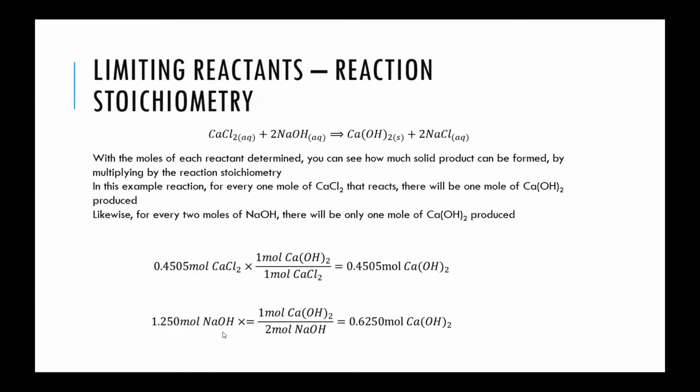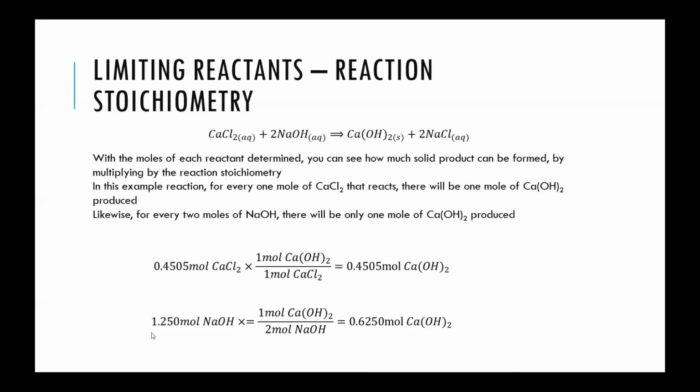With the sodium hydroxide, however, the relationship is 2 to 1. It takes 2 sodium hydroxides to react and combine to make 1 calcium hydroxide. So in essence, you're multiplying by the ratio of 1 over 2, or dividing by 2.